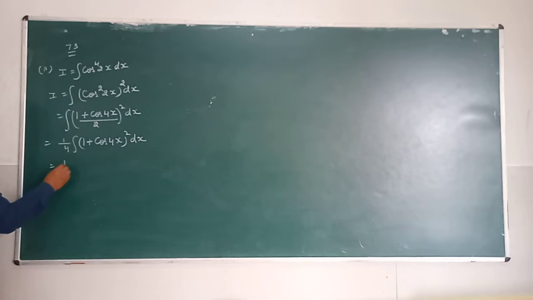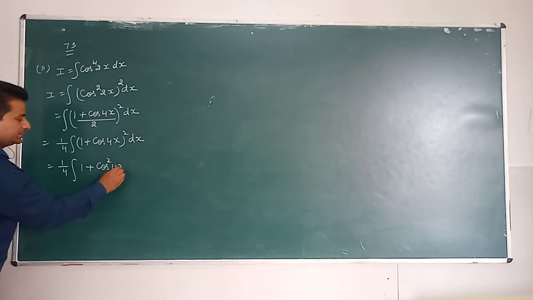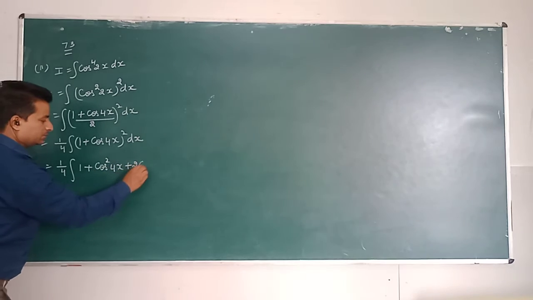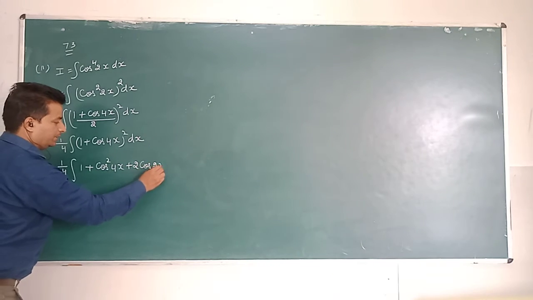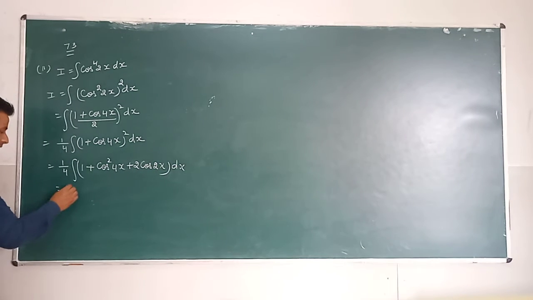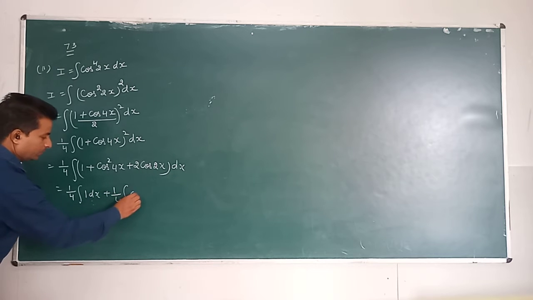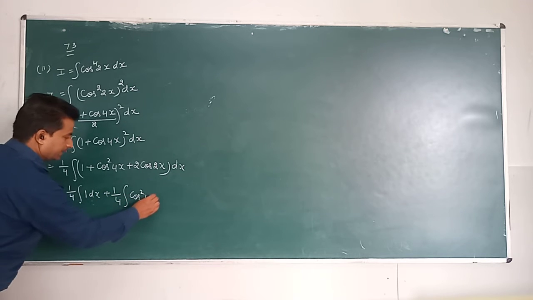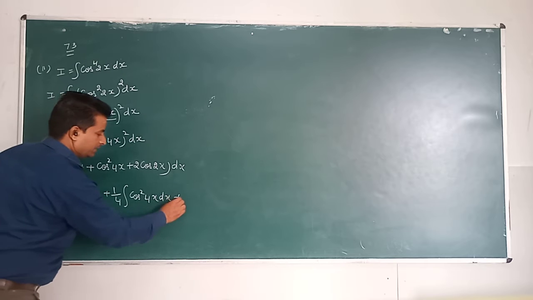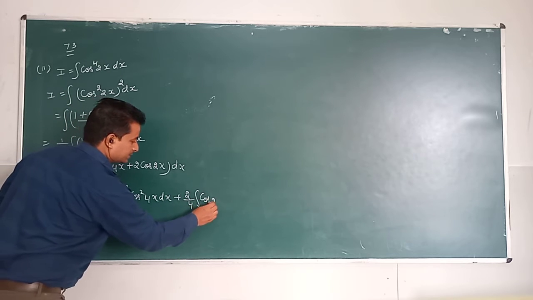So, when we open this identity, (a + b)^2 is a^2 + b^2 + 2ab. So when we integrate, this is 1/4 integral of 1 dx, plus 1/4 integral of cos^2 4x dx, plus 2/4 integral of cos 4x dx.